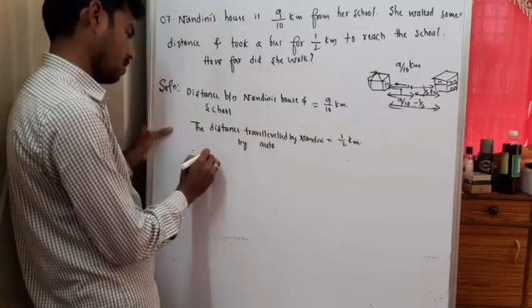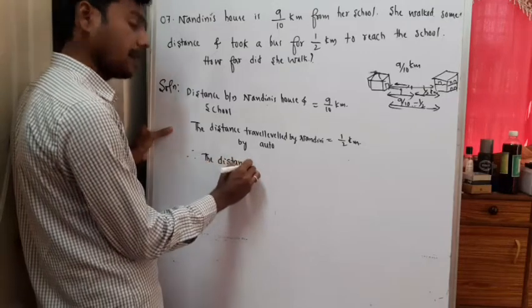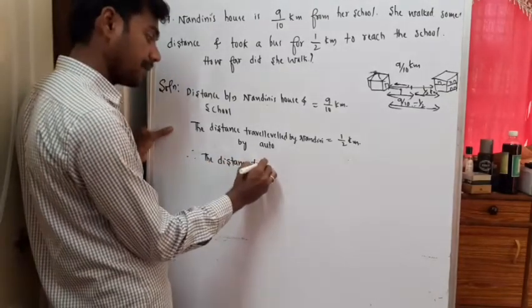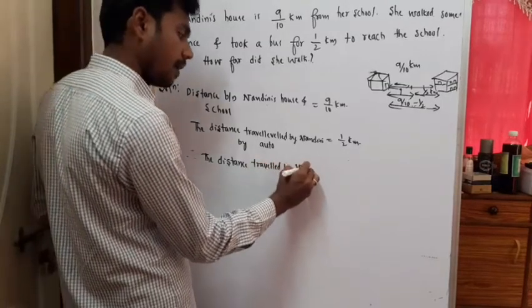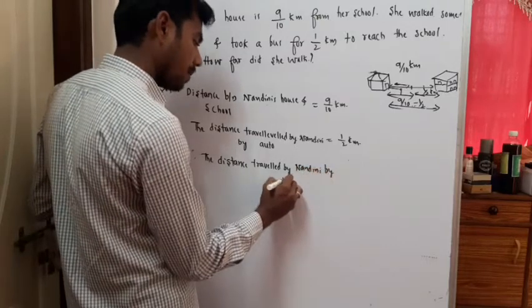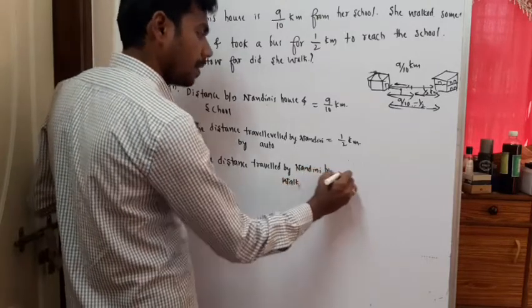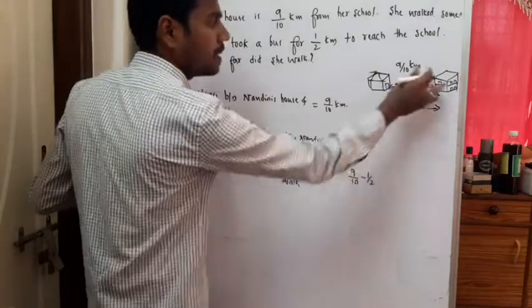Therefore, the distance traveled by Nandini by walk is equal to 9 by 10 minus 1 by 2. Very much similar to this one. Okay.